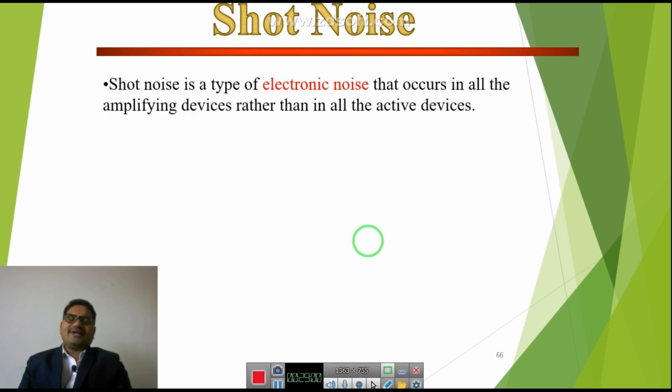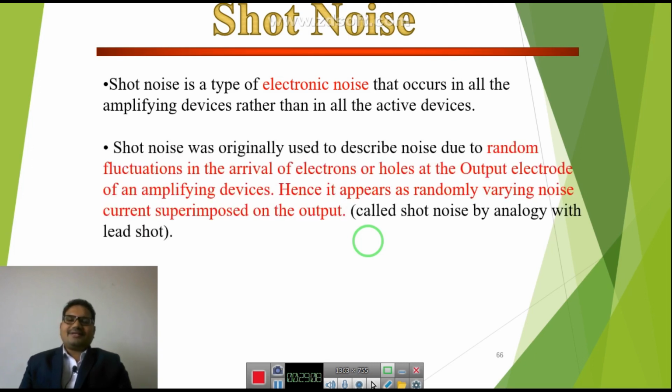Next is shot noise. Shot noise is a type of electronic noise that occurs in all amplifying devices, or rather in all active devices. Shot noise was originally used to describe the noise due to random fluctuations in the arrival of electrons or holes at the output electrode of amplifying devices.